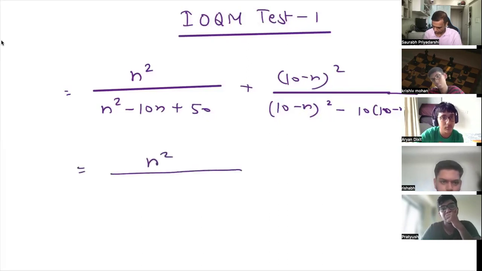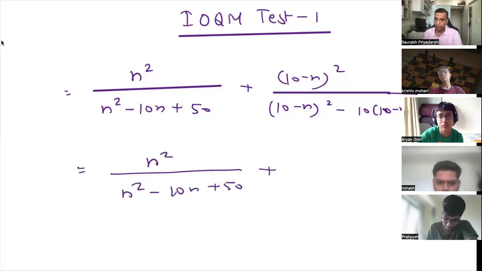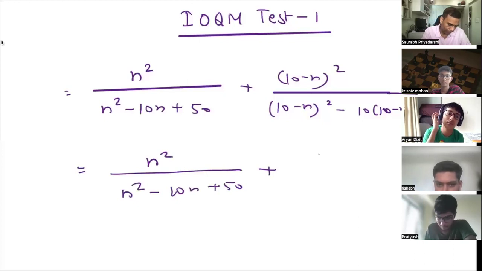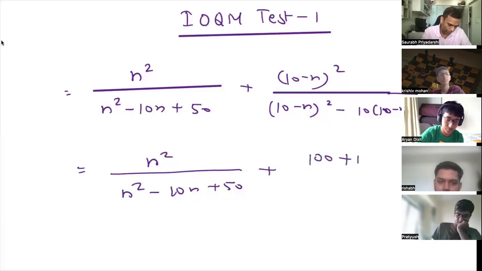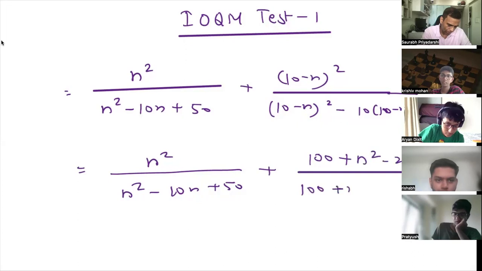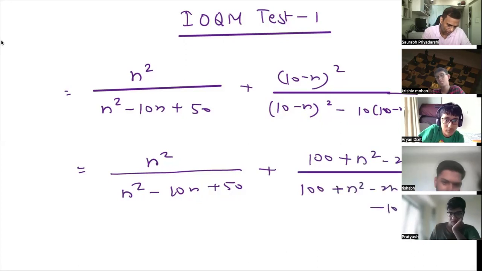So n square upon n square minus 10n plus 50 plus, what is the value of this 10 minus n the whole square, right? 10 minus n the whole square and the complete, this thing will be 100 plus n square minus 2n upon 100 plus n square minus 2n minus 100 plus 10n plus 50.